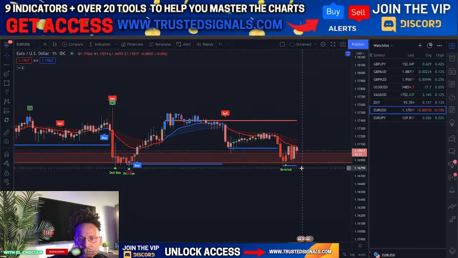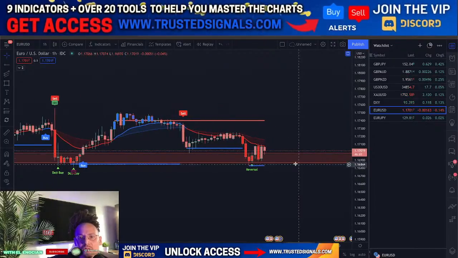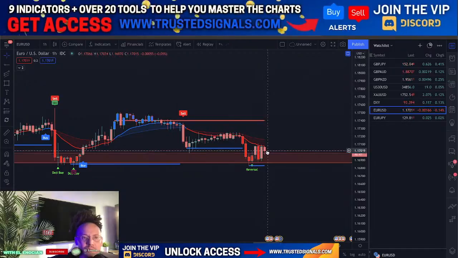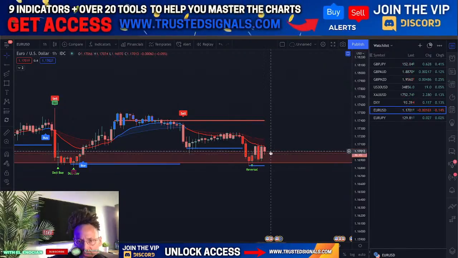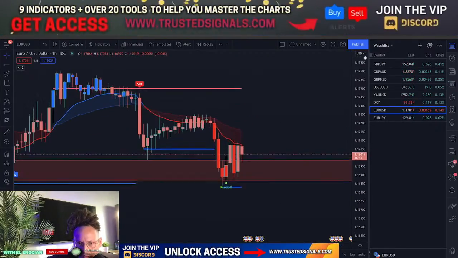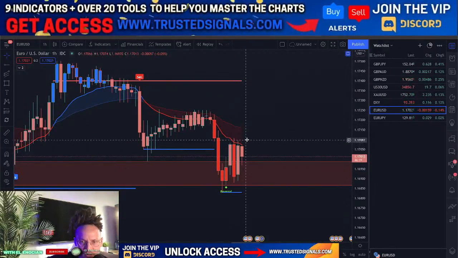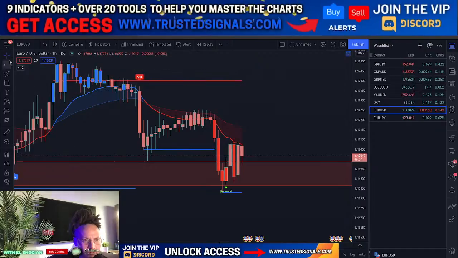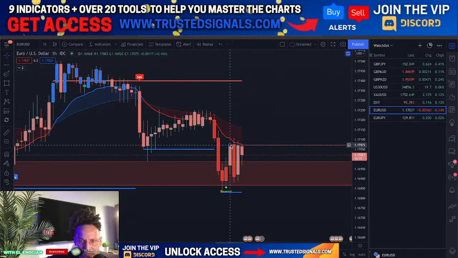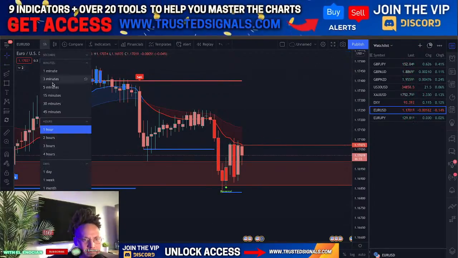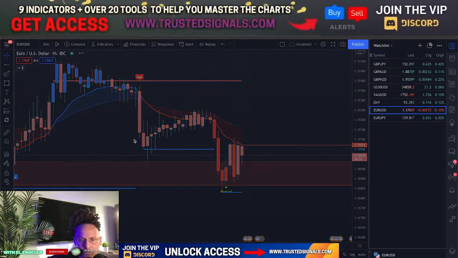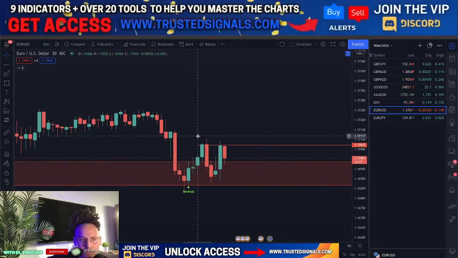That's my trading style. I want to wait. I want to wait to see price react on this key level. I want to see price break above these candles right here. Go into the 30-minute.